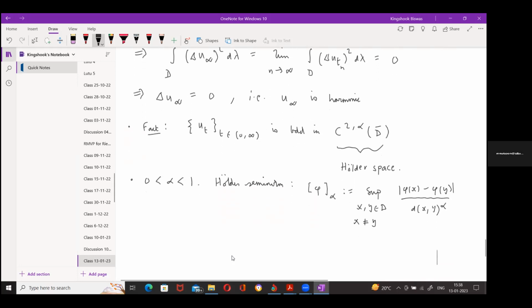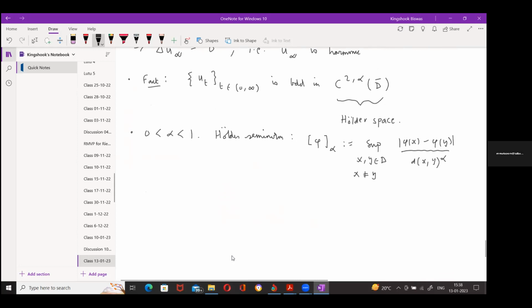And then what is the C2 norm of phi? This is defined to be the sup norm, plus the sum over i of the sup norms of its first derivatives, del phi over del x_i, plus the sum over i, j of the sup norms of the second derivatives, del squared phi over del x_i del x_j.